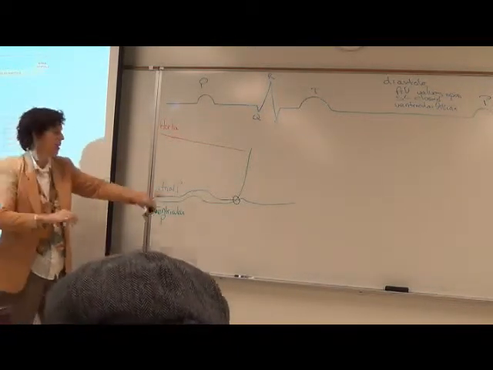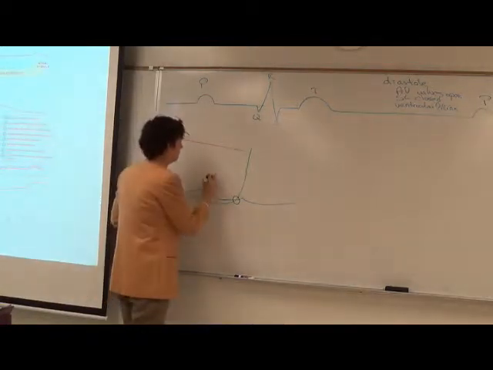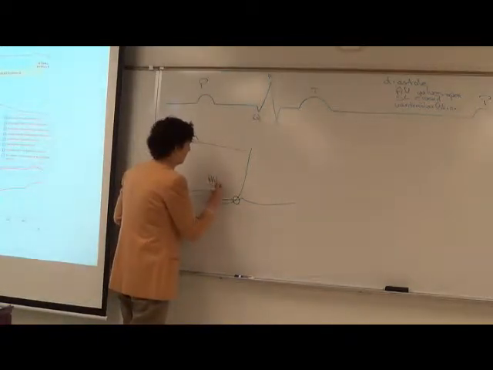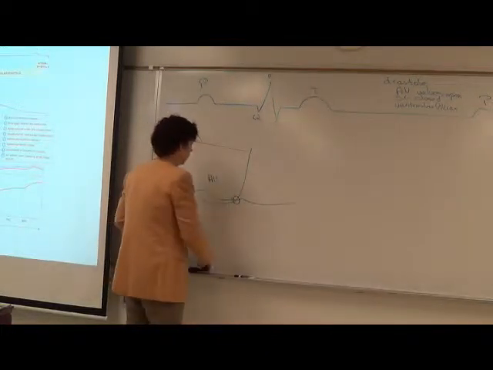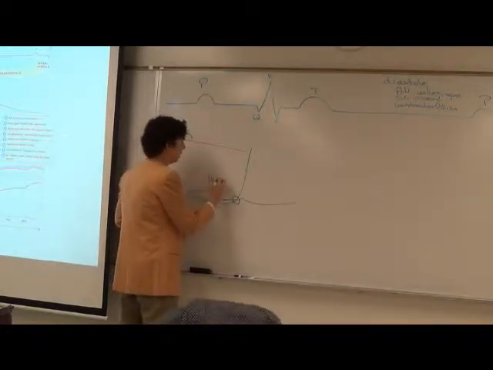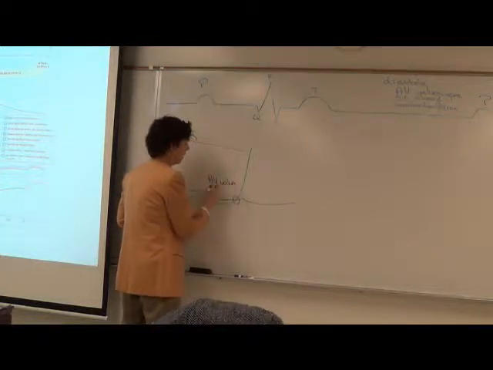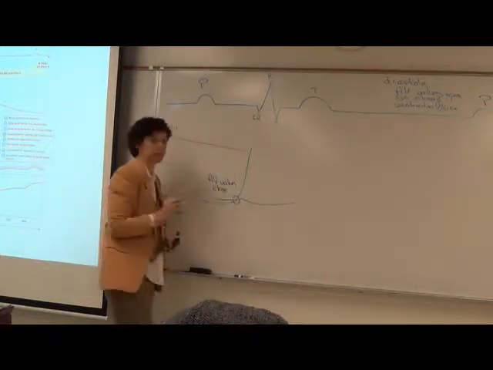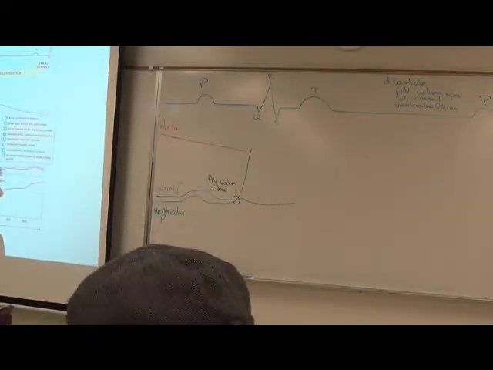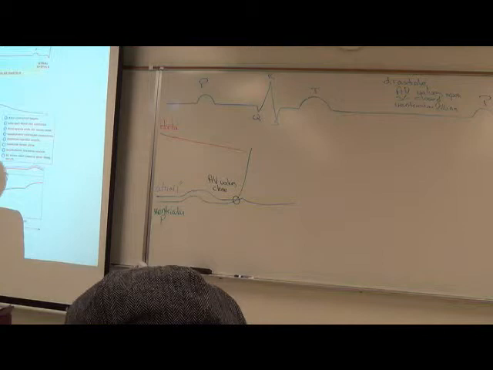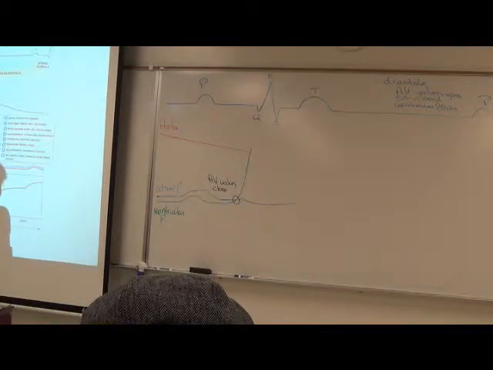They're going to close. So at this event right here, the AV valve will close. Now we're just looking at the aortic, but I'm making it plural because they both close at the same time. Okay, our pressure levels would be different. The ventricle's not going to pump with so much pressure, but the valves are going to close at the same time.